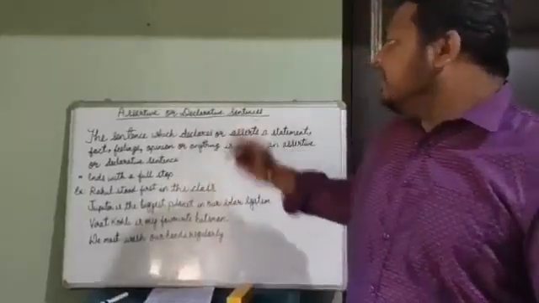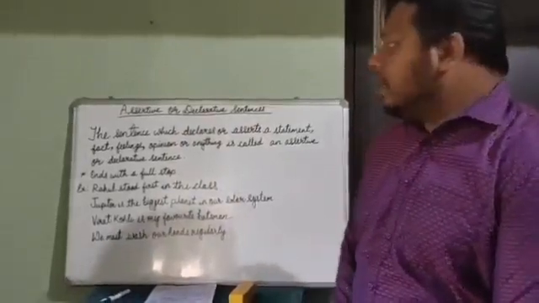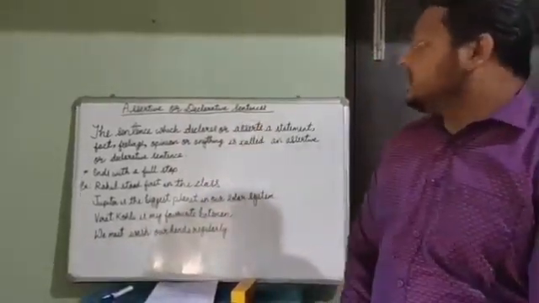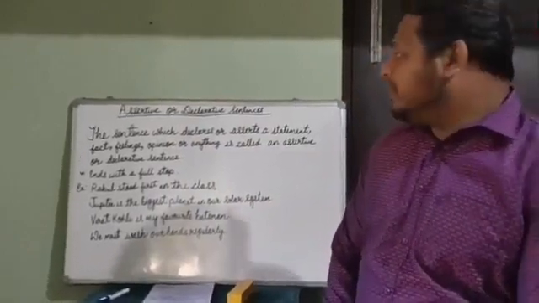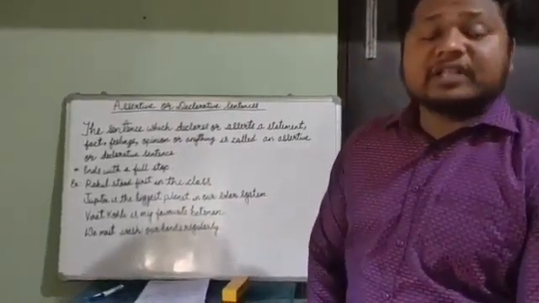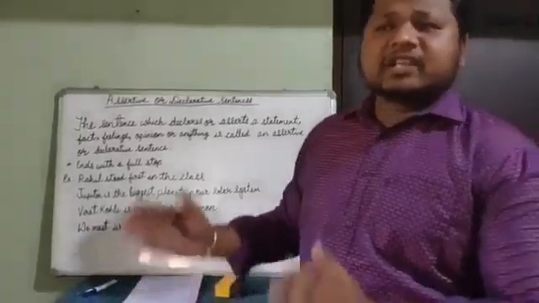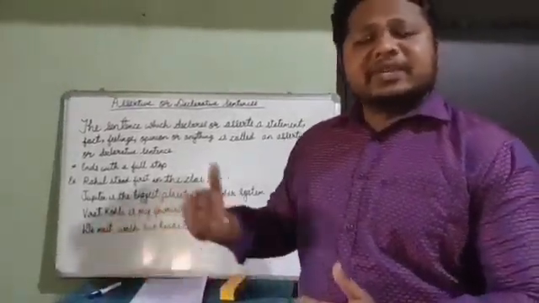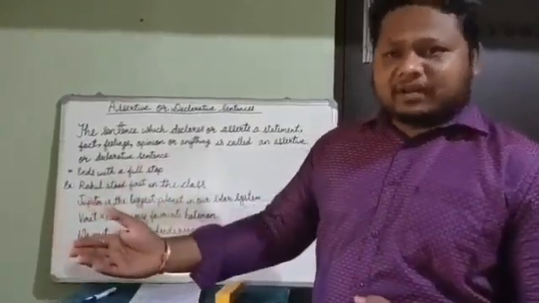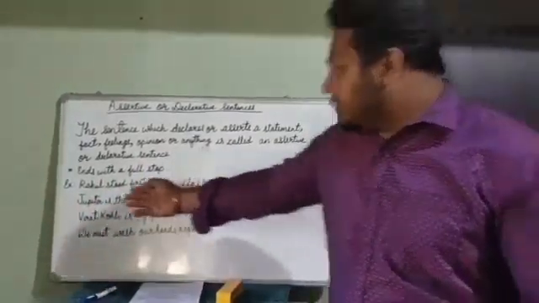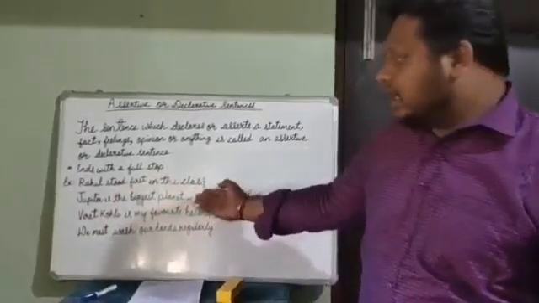Now, assertive or declarative sentences. A sentence which declares or asserts a statement, fact, feeling, opinion, or anything is called an assertive sentence. Generally, it comprises the sentences that we use regularly while talking or saying something. For example, we can use: Rahul stood first in the class.